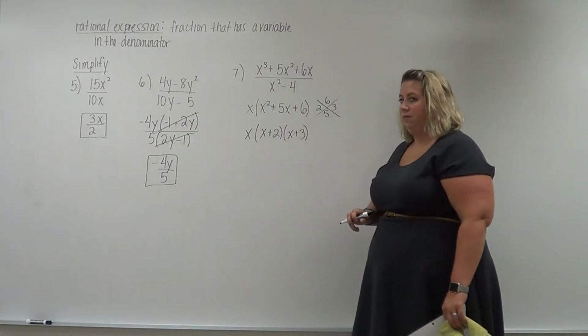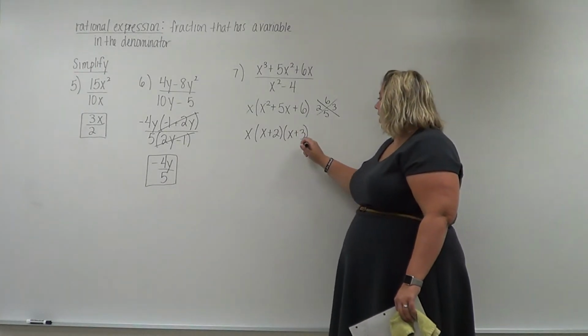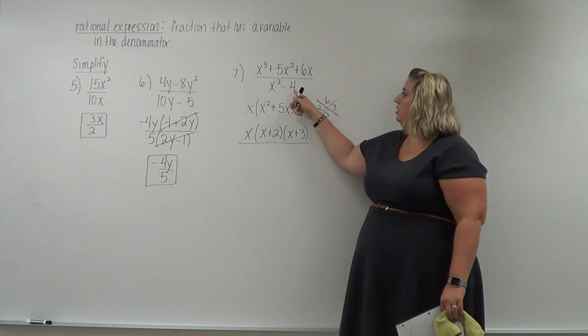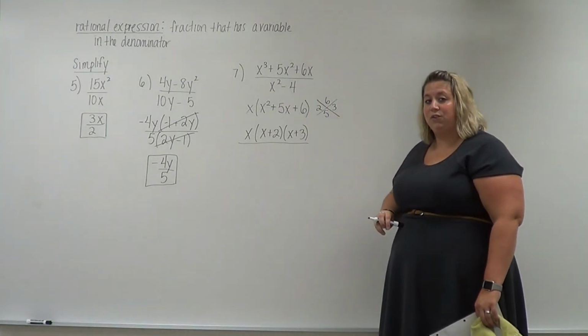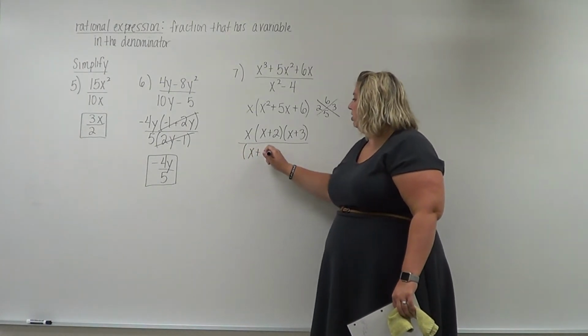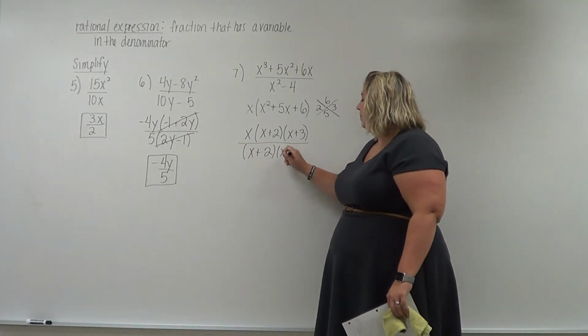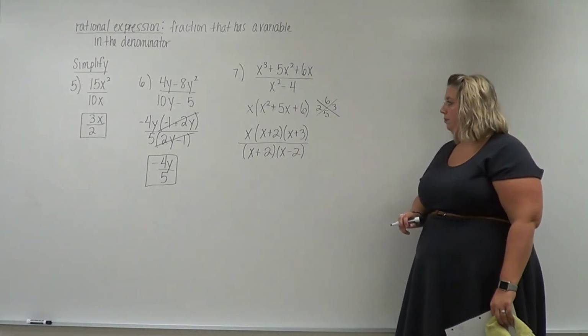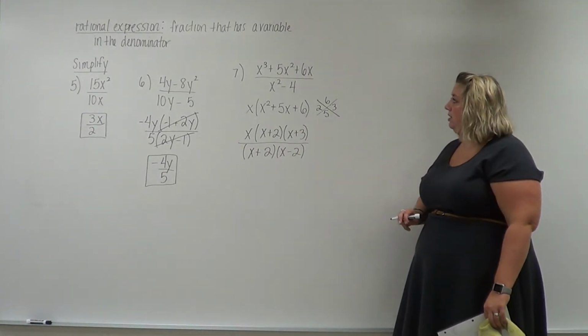Okay, then my denominator is x squared minus 4. That's a perfect square, so it's a difference of squares. Square root of 4 is 2, so this would be x plus 2, x minus 2. Then I can look to see, okay, what's the same?